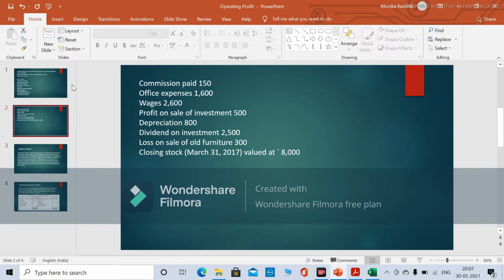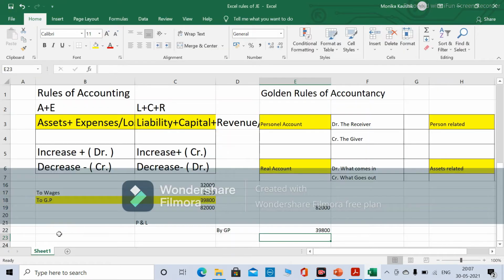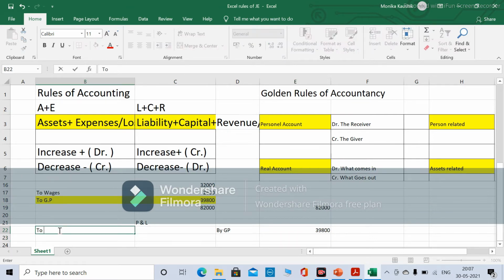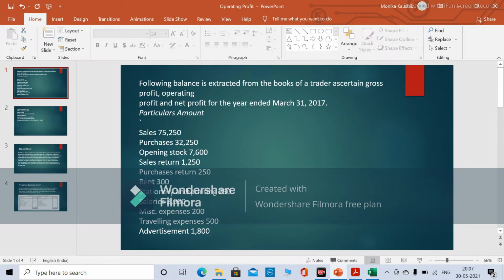Now rent is an indirect expense. So to rent 300.